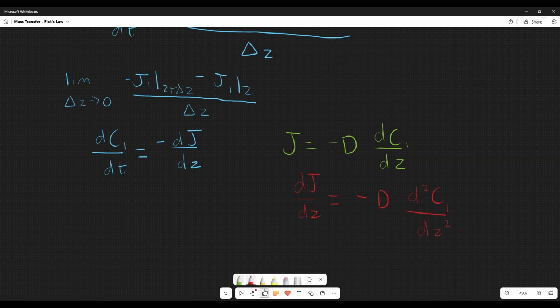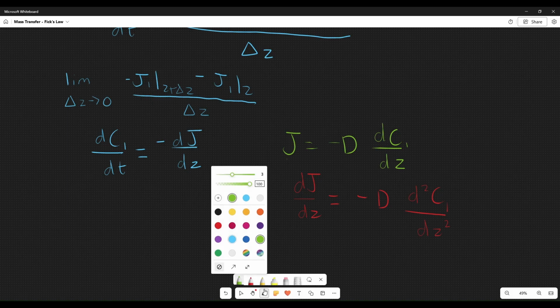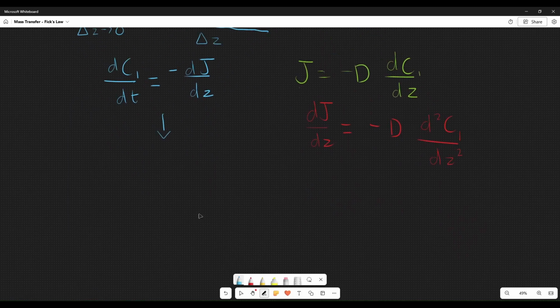And so continuing on down, we essentially get dC1 divided by dt is equivalent to D times d squared C1 dz squared.